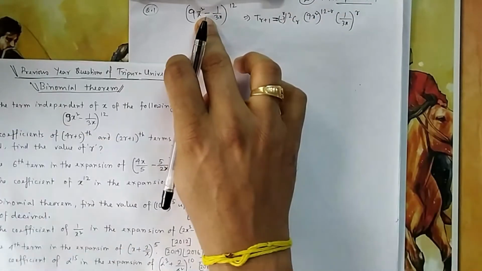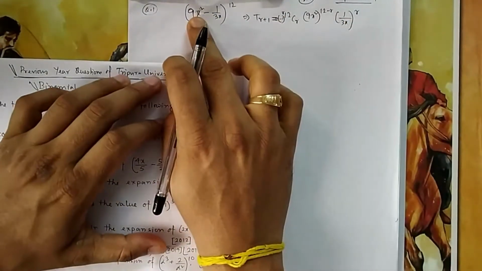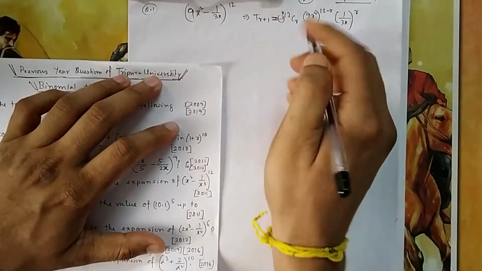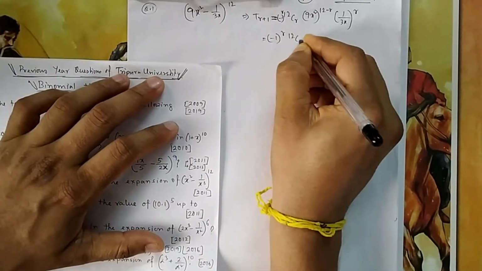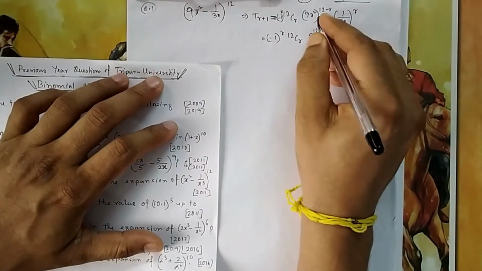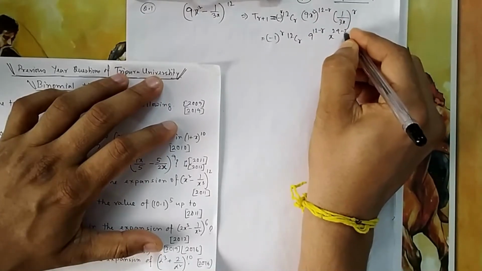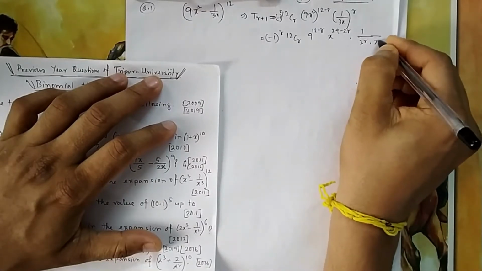You get this by opening with the formula of (x plus y). If we are opening with (x minus y), then minus 1 to the power r will come. If we simplify it, x to the power will be 24 minus 2r, and then 1 by 3 to the power r, and then x to the power r.